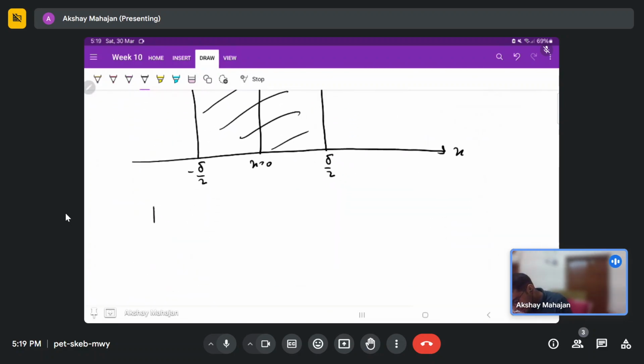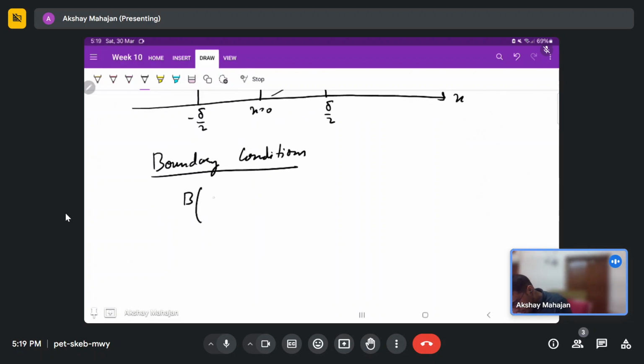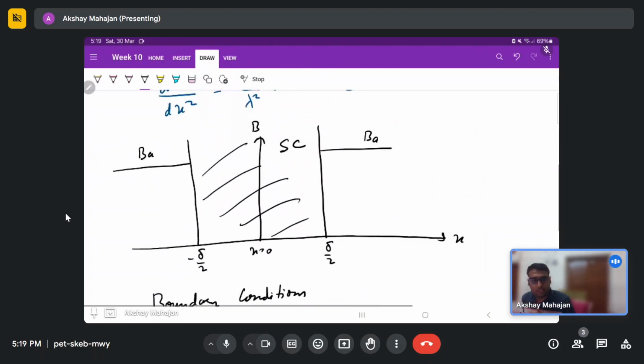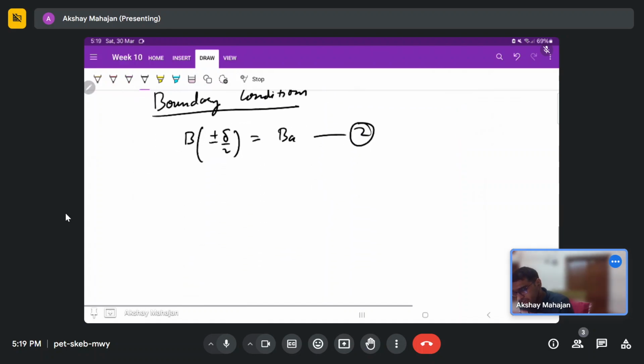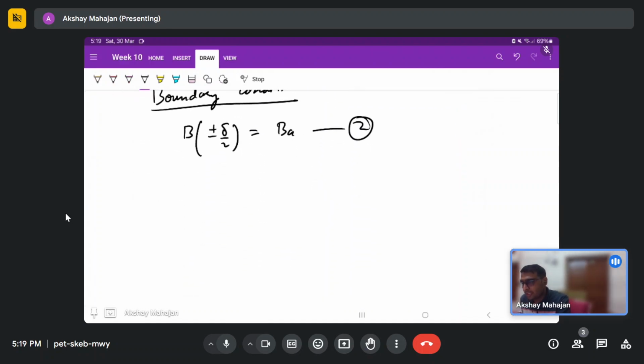And then we have the boundary condition that b at plus minus delta by 2 should equal B_a, because that is outside this superconducting plate. So now solving this would be completed.